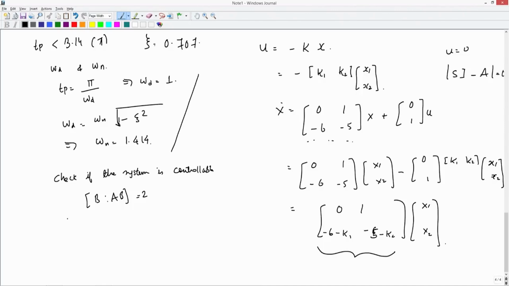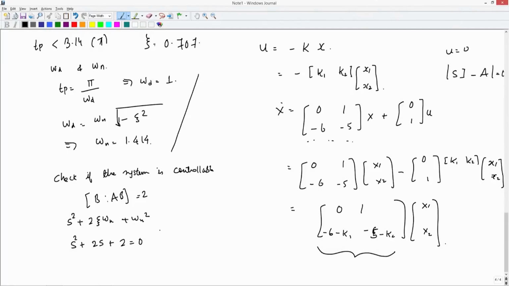So, how does s square plus 2 zeta omega n s plus omega n square look like? Based on these two specifications of omega n being 1.4 and zeta being 0.7, this should look something like this: s square plus 2s plus 2 is 0. Exactly, I am just putting in the values of zeta and omega n as desired.